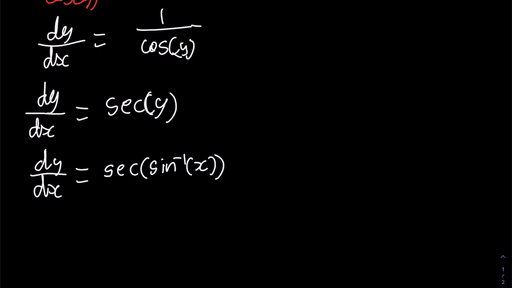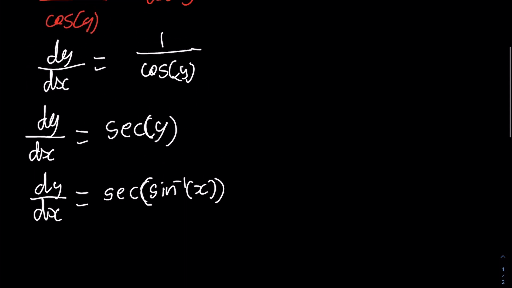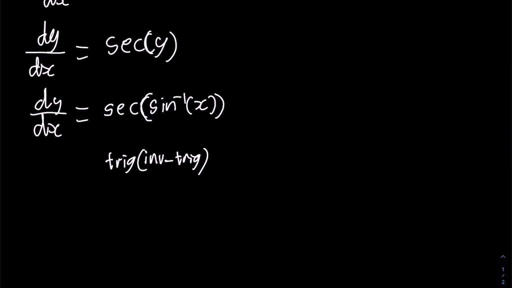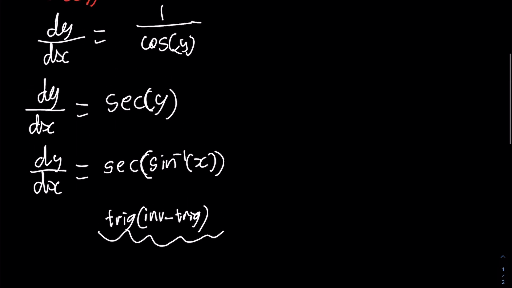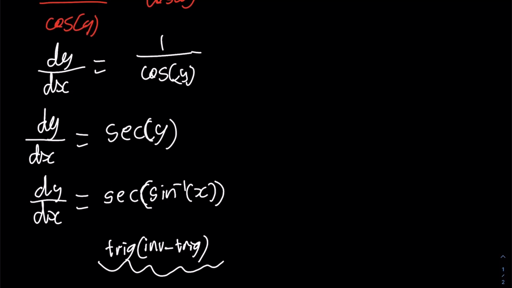Whenever we have a trig function on the outside and an inverse trig function inside, so a trig function of an inverse trig function, we can always simplify this by drawing a right-angled triangle. What do I mean by that? Well, we know the inverse trigonometric functions take in a ratio of side lengths as an input and spit out an angle.